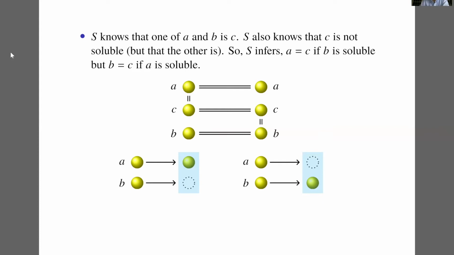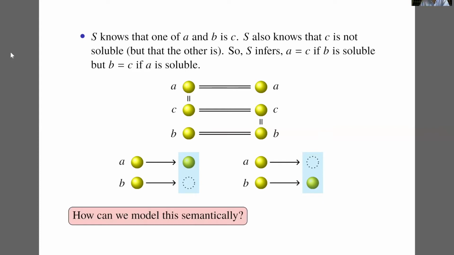So the guiding question of this talk is, how can we model a situation like this semantically? This is the first question that I want to answer. But of course, modeling things is kind of easy.